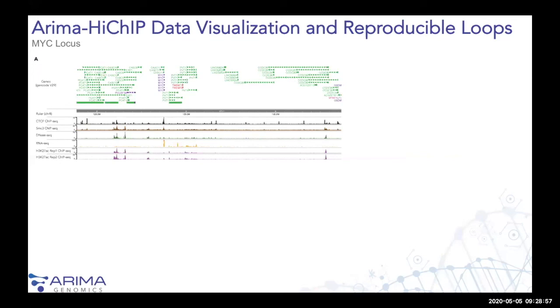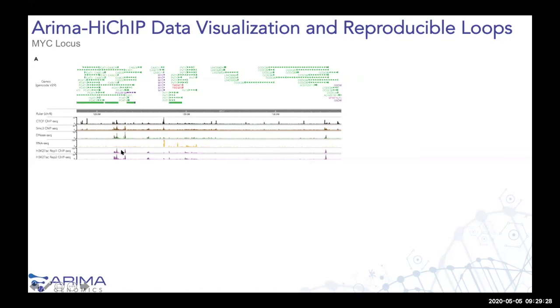When we talk about visualizing the Arima-HiChIP data, this is a WashU epigenome browser track around the MYC locus. We have our CTCF ChIP-seq data, cohesin ChIP-seq data, et cetera. What I wanted to draw your attention to, when it comes to the performance of Arima-HiChIP, is that the bottom two tracks are essentially two replicates of ChIP-seq data for H3K27 acetylation downloaded from ENCODE.